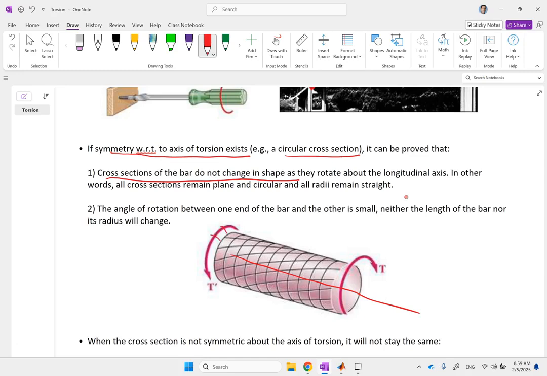So let's say if this side is fixed and this other side is applied a torque to, if you break down the shaft into a bunch of smaller discs, basically you can see the first one does not rotate. The next one rotates a little bit more, linearly increasing until this last one rotates the biggest angle.